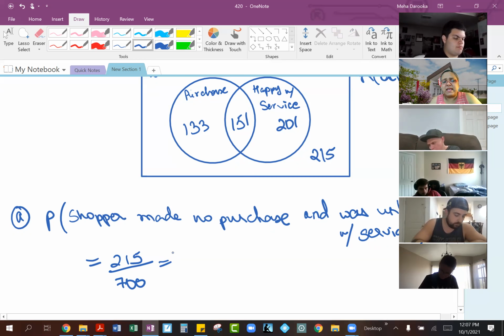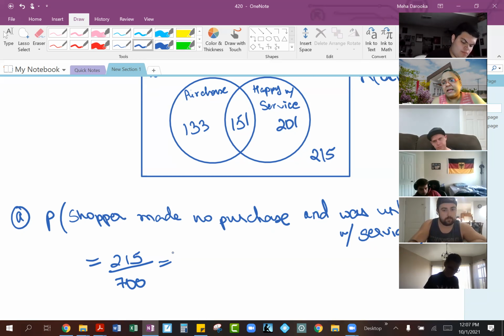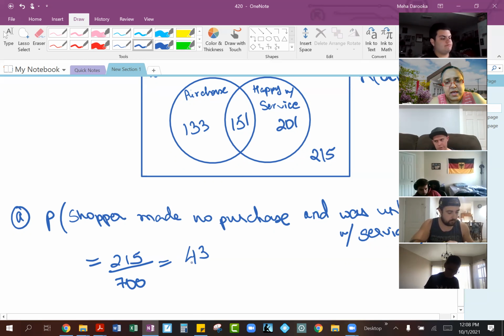And this one, I would say, use your calculator to reduce the fraction, or you can start by dividing by 5, because both numbers end in 5 and 0. So you know 5 will be a common factor in both. When you divide 215 by 5, you get 43.